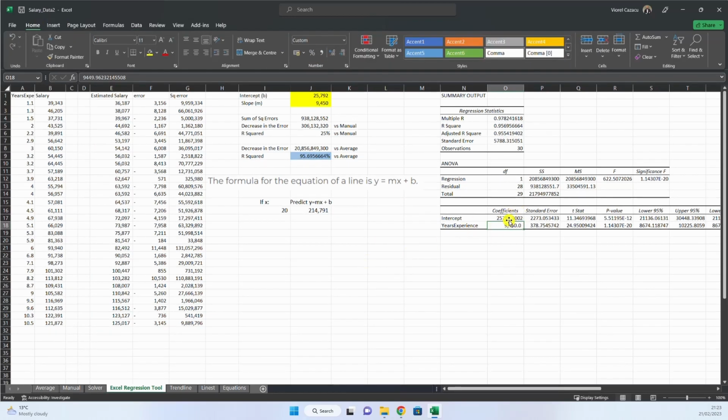So we have here the intercept and the slope, and we can calculate here the estimated salary. And if, for example, we want to see for 20 years of experience what would be the salary, we use this formula with the intercept and the slope.